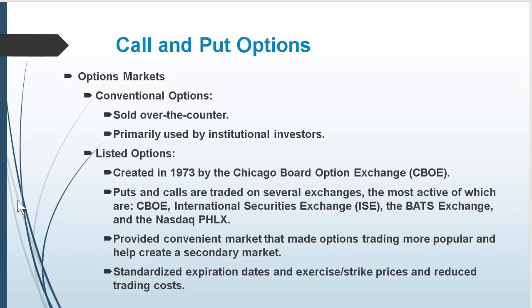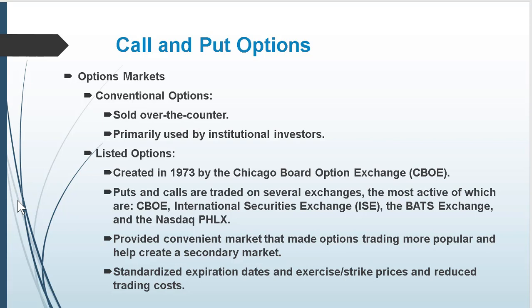But these listed options are also standardized. So it really doesn't matter what option you look at. The strike prices move in the same increments, and there are the same dates.